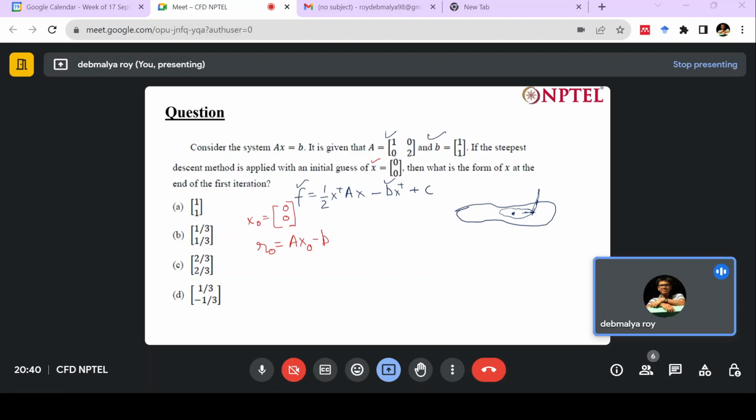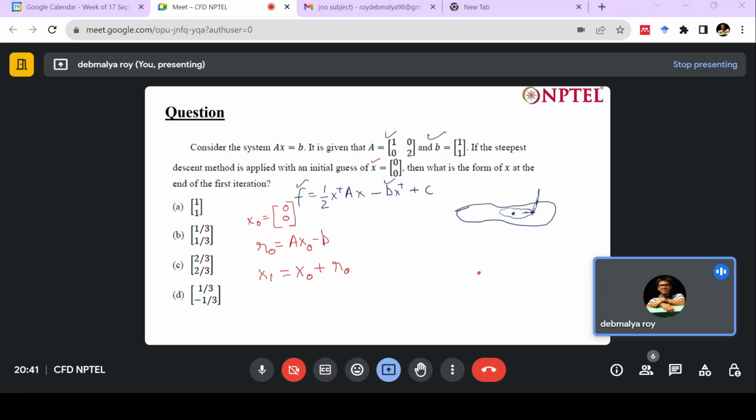So we have to calculate the r0 value, and then estimate the value by which we would update our x0. The new value x1 will be the old value plus alpha 0 times r0. This r0 is basically giving us the vector from the solution. A x minus b is 0 when the solution has been reached.